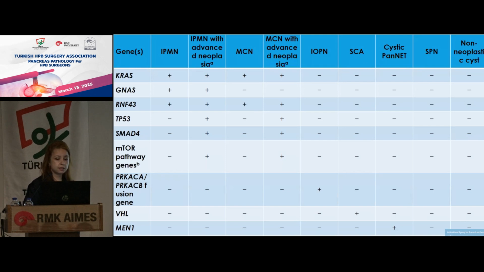Those are not specific. We can see the KRAS mutation even in MCN and IPMN, and TP53 in IPMN with neoplasia or MCN with neoplasia. But we can get enough knowledge from those alterations.